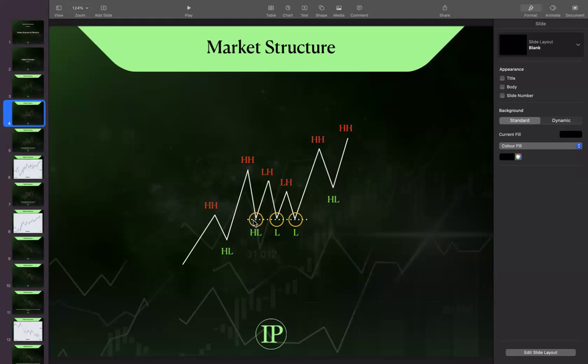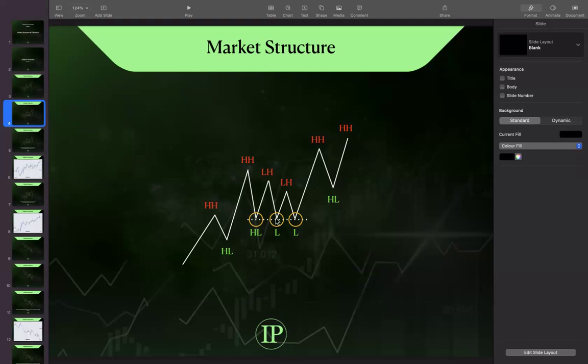So as long as the higher low is being supported, okay, then price will continue in the bullish trend, even though it is making lower high points, okay? So once it doesn't create a new high and it creates lower highs, what we do is we focus on the higher low, because the higher low is the determining factor, okay?